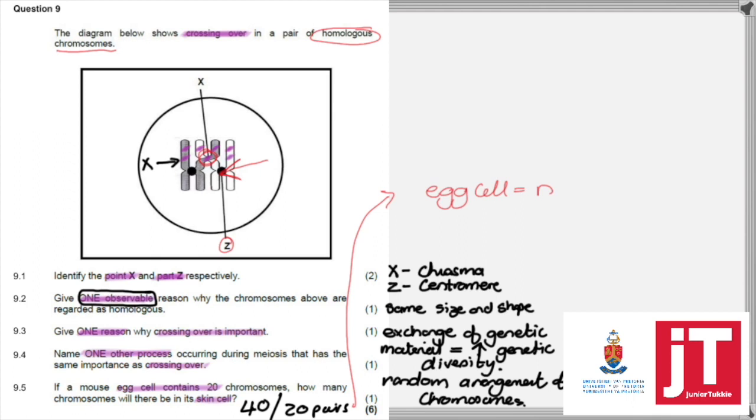If we have an egg cell with n number of chromosomes, any somatic cell of the same organism would have 2n, which would mean 2 times n, and that gives me my 40, which in actual fact means 20 pairs if we look at the context in which meiosis takes place.